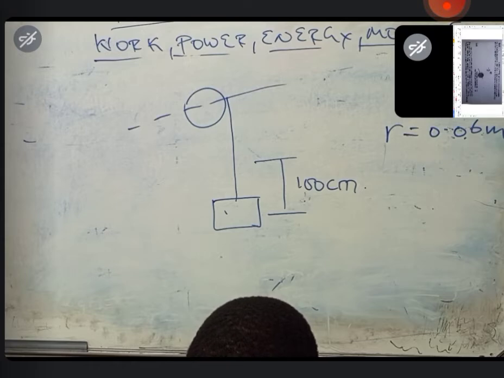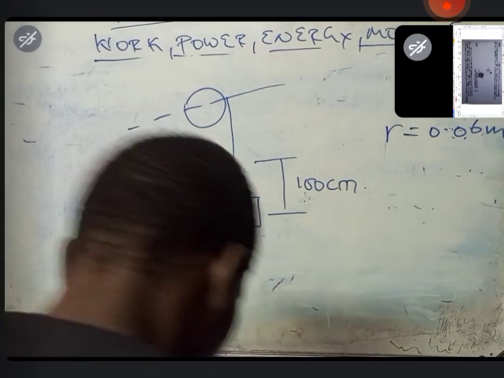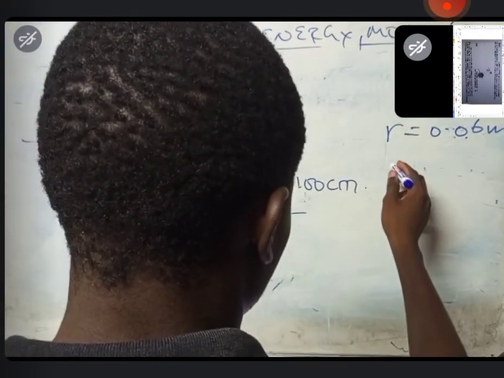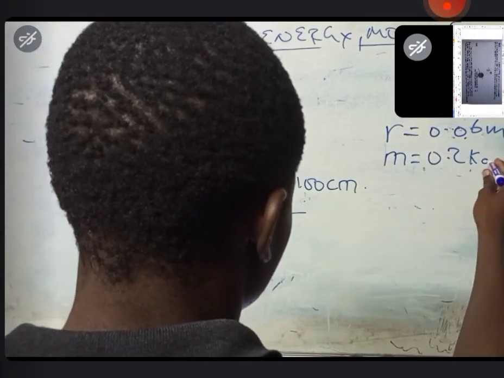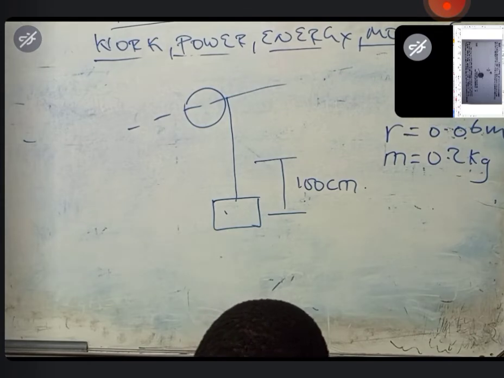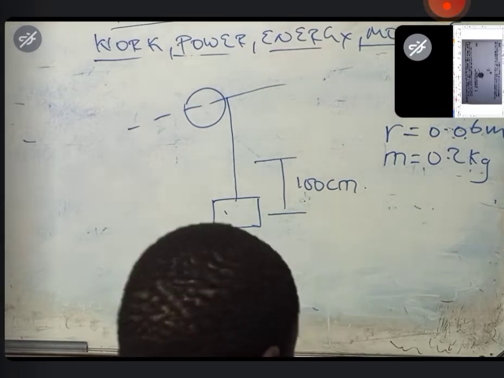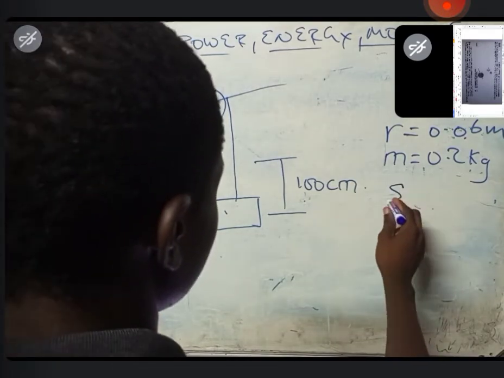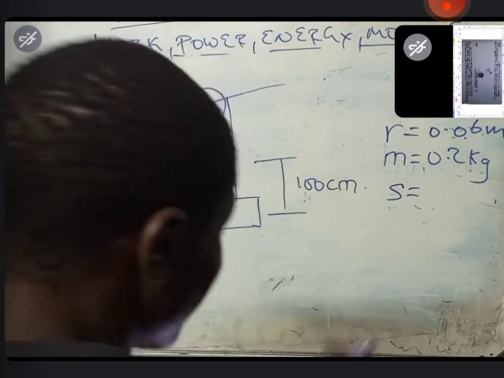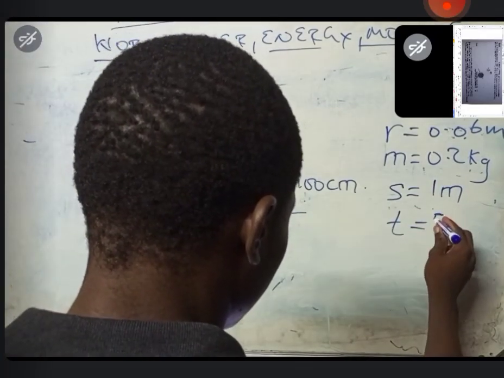A string of negligible mass wrapped around its circumference carries a mass of 200 grams, which is 0.2 kg. When allowed to fall, it descends 100 centimeters in 5 seconds. So we've been given the displacement, 100 centimeters to meters, that's 1 meter. The time has been given to be 5 seconds.